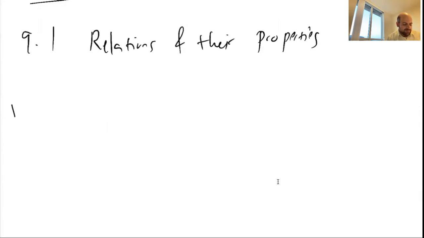So let's start with the definition. Let A and B be two sets.